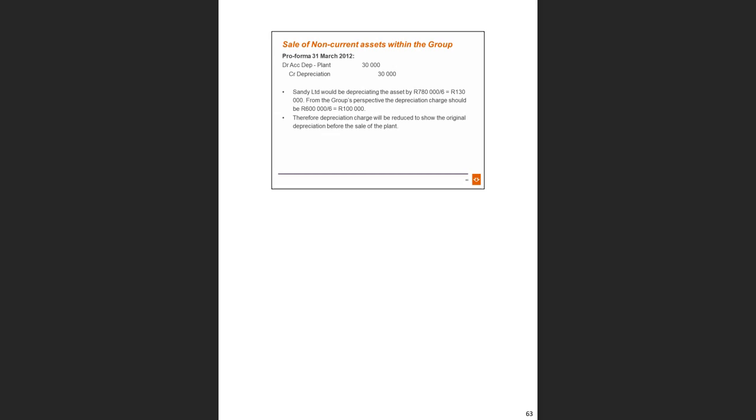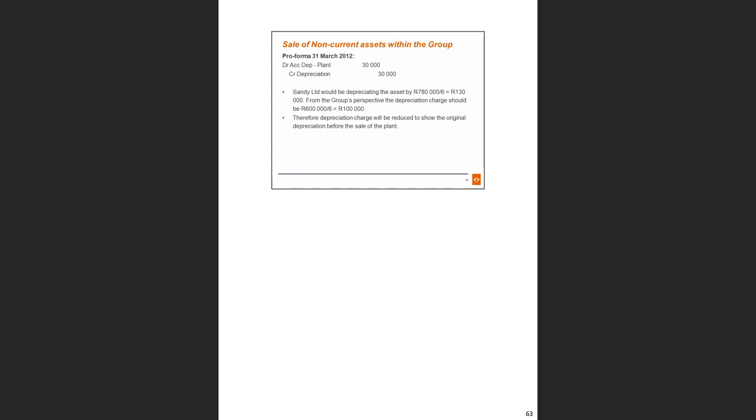Then obviously we need to pretend that this asset was never depreciated by Sandy. So we're going to reverse the depreciation that Sandy processed in its books. So we're going to debit accumulated depreciation plant of 30,000, and we're going to credit depreciation of 30,000.